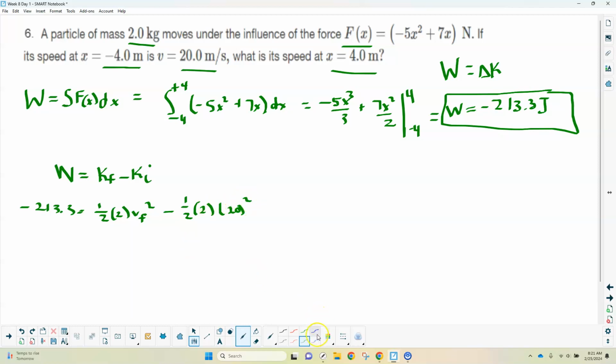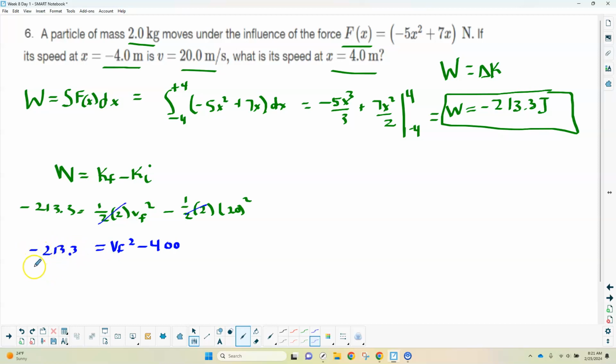All right. So the halves and the 2's just drop out, so that makes that nice. 20 squared is 400, so it's going to be VF squared minus 400 equals -213.3.